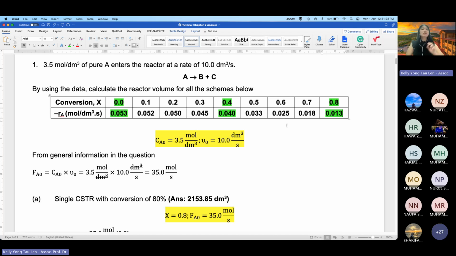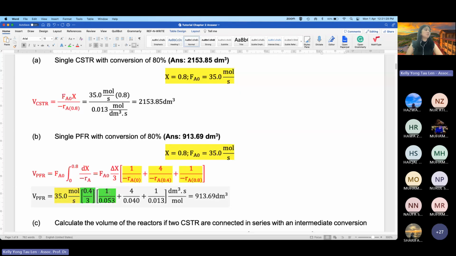You just substitute these minus RA values: 1 per 0.053, 4 per 0.040, and 1 per 0.013. Once you substitute all the values, you can calculate the volume, which equals 913.69 dm cube. So that's the solution for question 2, 1A and 1B.